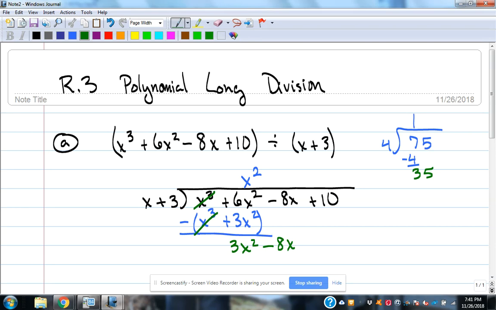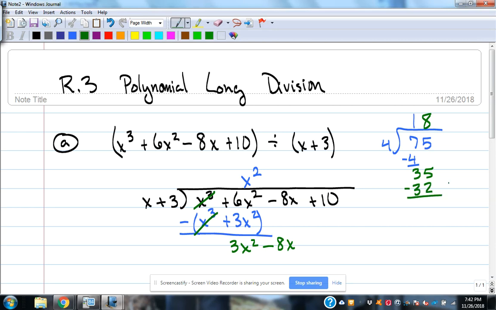So I only need that many right here at one time. I need the 5 brought down here because 4 won't go into 3. So I know I've got to have something else to go with it, right? So then up here, I would say, okay, how many times does 4 go into 35? 8 times, right? So I put an 8 up here, and then I multiply and subtract.